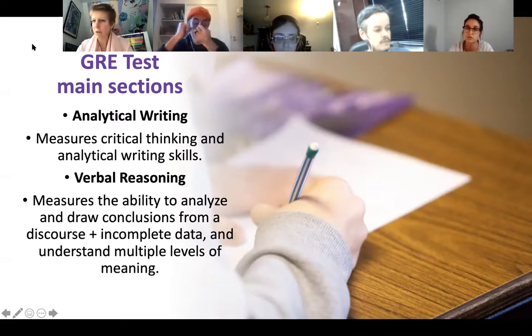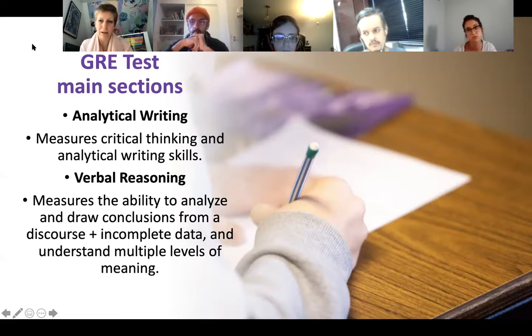So both of these are really focusing on your critical thinking skills. If you feel like those are not your good skills yet, there are a lot of ways you can practice to get better at these skills for this particular test. All right, so don't panic. We're here to help, and we're going to give you some skills to get ready for that.